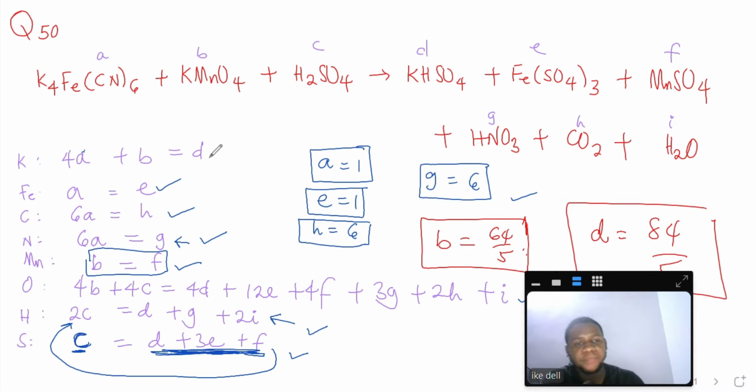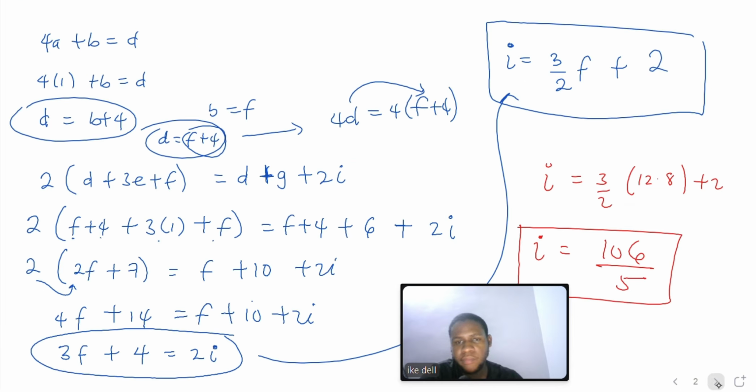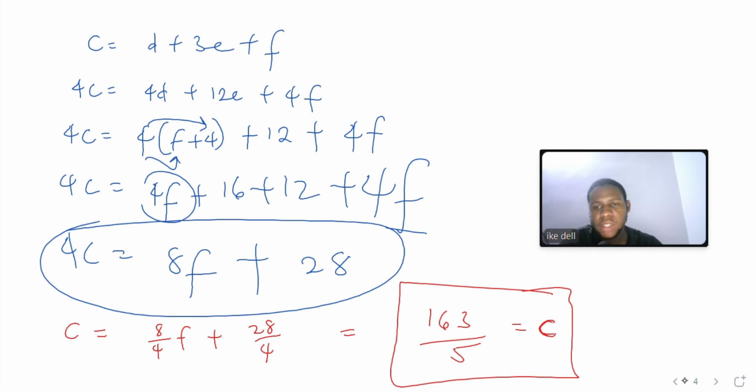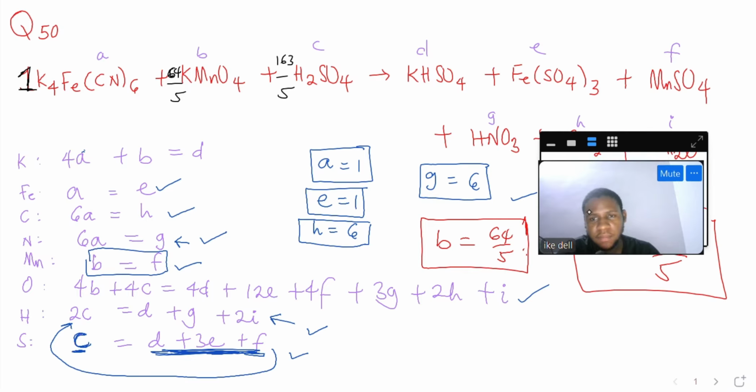So we'll start from the top. A is 1. B is 64 over 5. I shouldn't be even using, let me use black. A is 1, B is 64 over 5, right? C is 163 over 5. Remember, if I had made an error in any of these calculations at any point, the whole thing is invalidated.